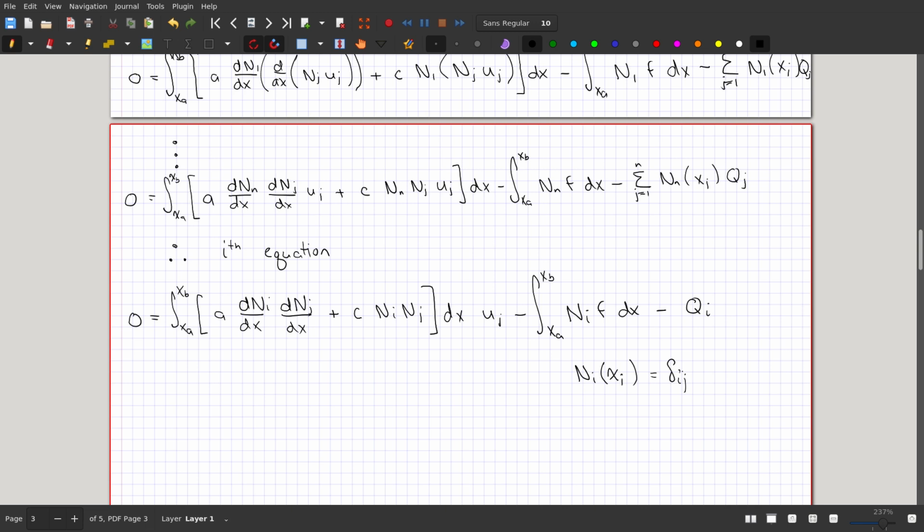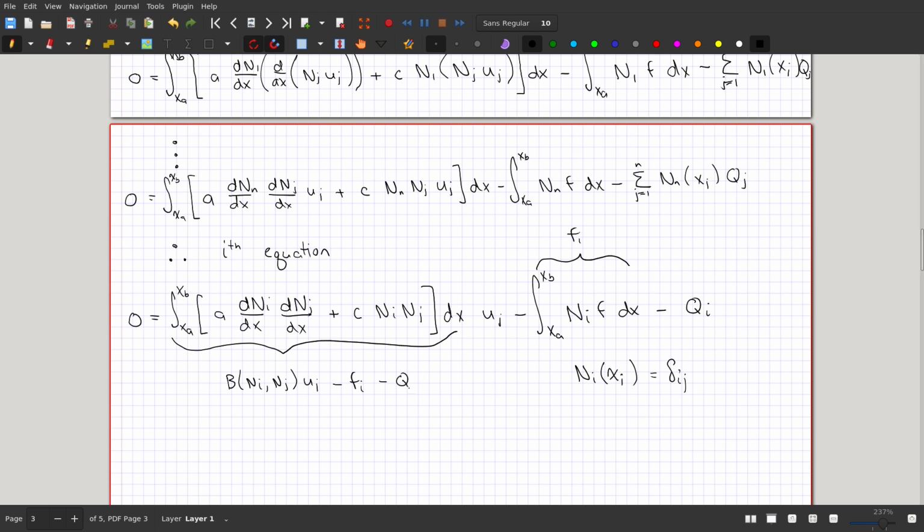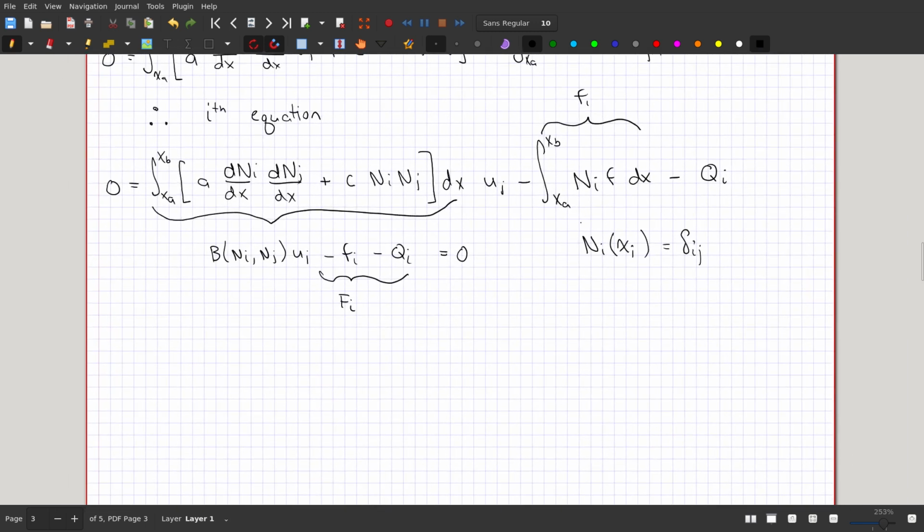So this obviously is B, N_i in j times u_j, and then if we call this thing, say, f_i, then we'd have minus f_i minus Q_i equal to 0, and then maybe we call this thing big F_i, and with that we can write the matrix equation.